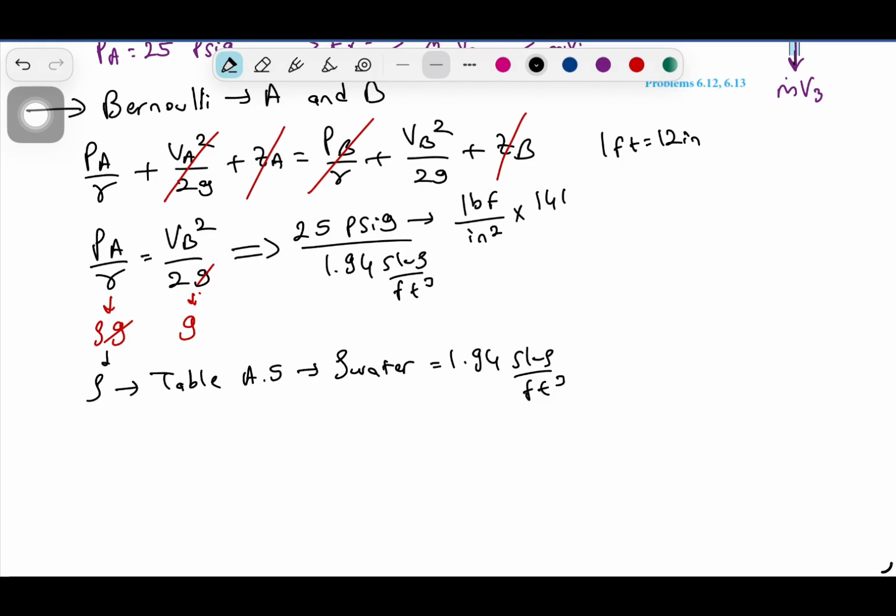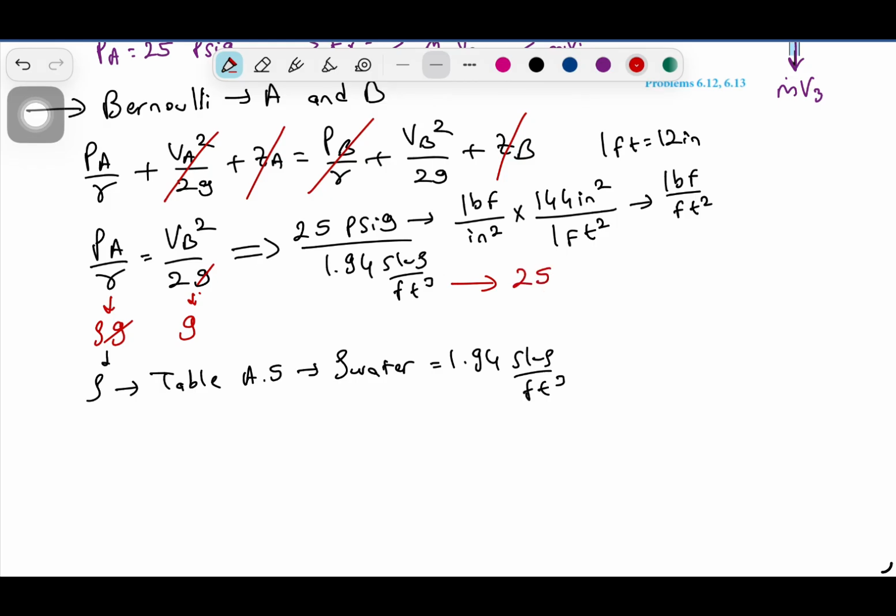So 144 inch square will be equal to 1 feet square. So that we will get pound force over feet square here. And let me write the final form.